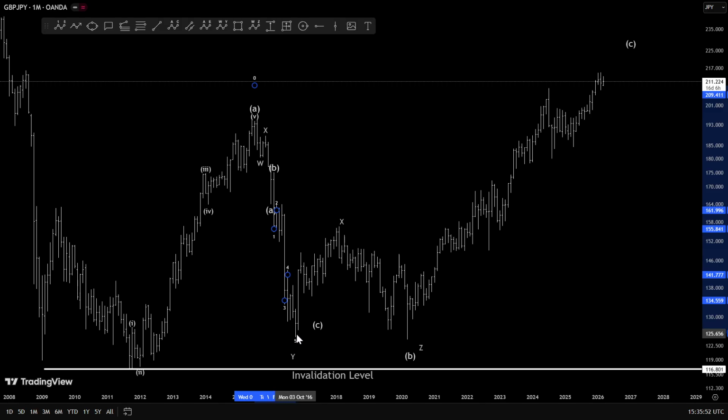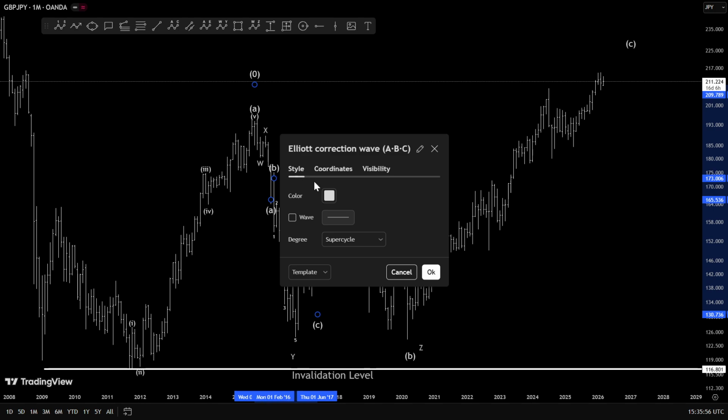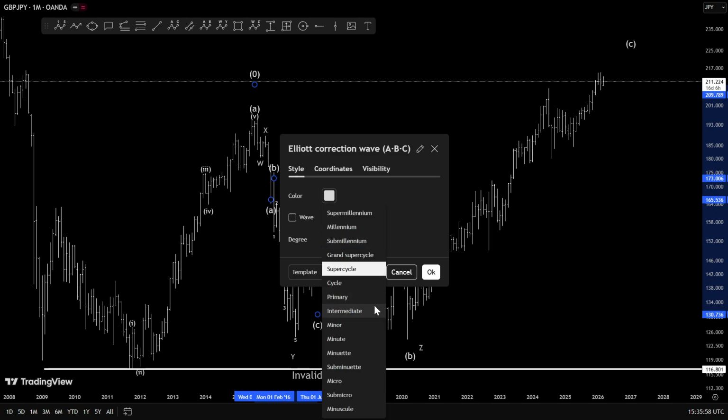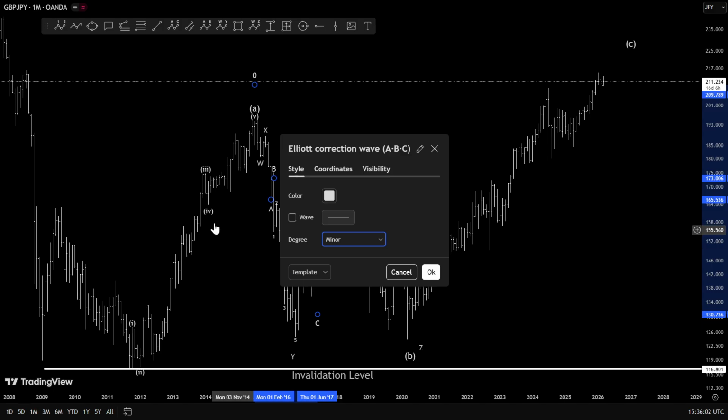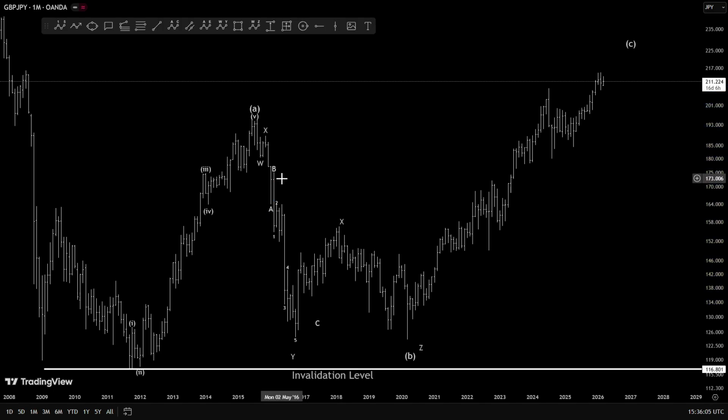After the five structure, let's give the structure another cycle degree so you can see it clearly. Okay, this is A, this is B, and our C, instead of doing a normal C, we have what is called a diagonal C, which is an ending diagonal.